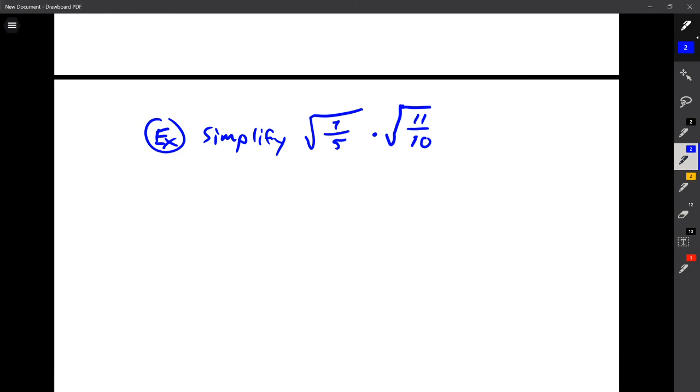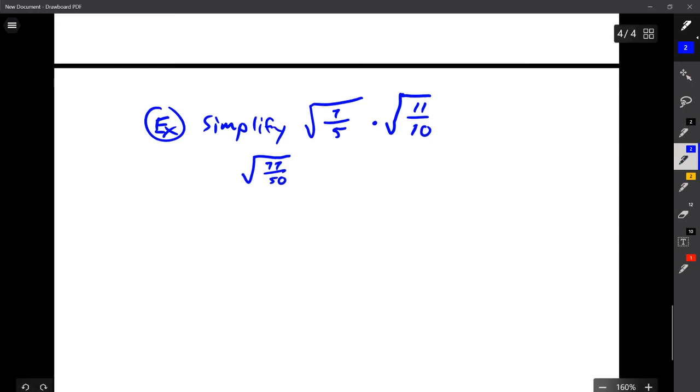All right. Well, we're multiplying two different values, so we can combine this all into one. This is the same thing as the square root of 77/50.